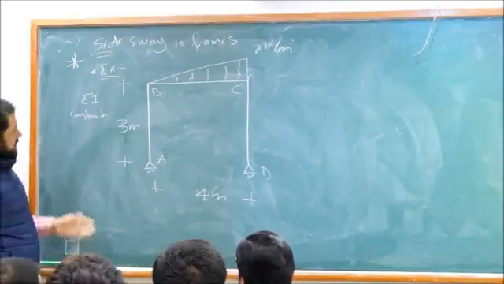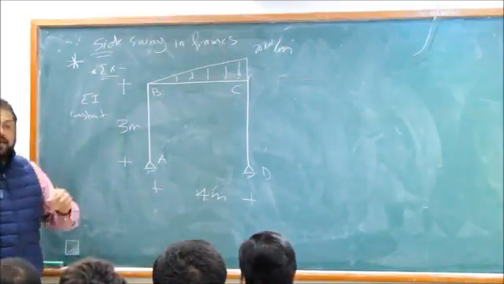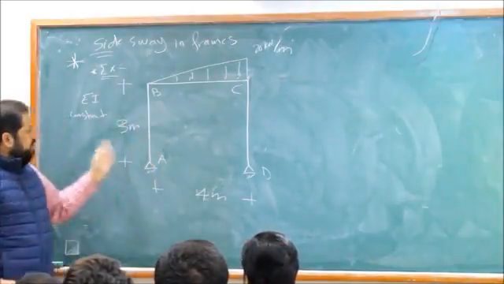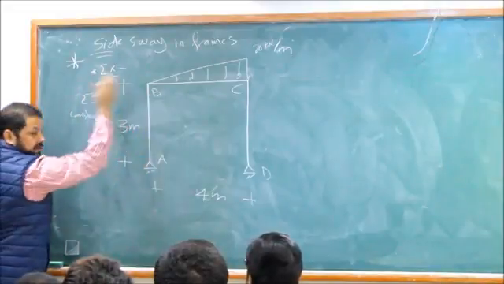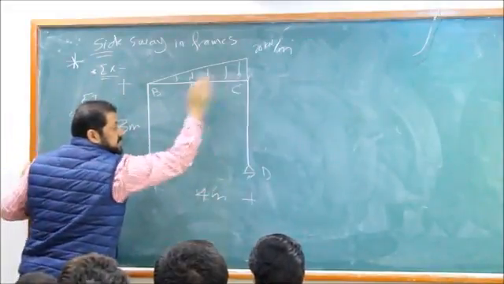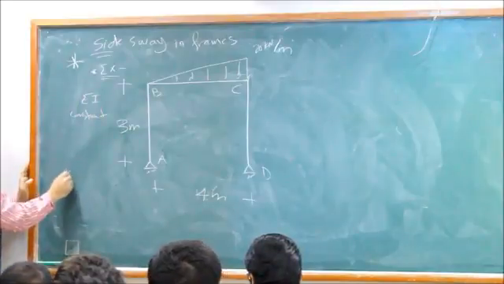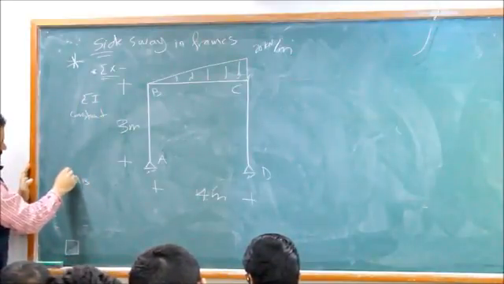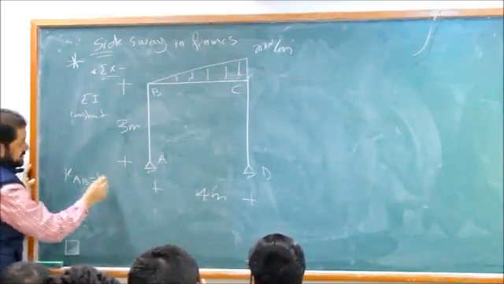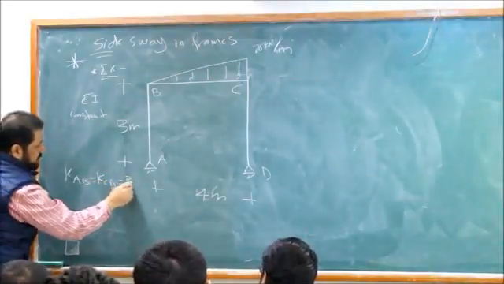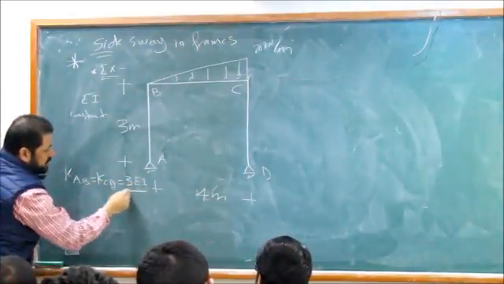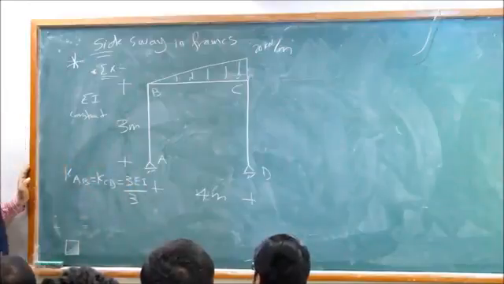Let's follow the procedure we learned. We do KAB equal KBC equal KCD equal 3EI over 3. So it's EI.